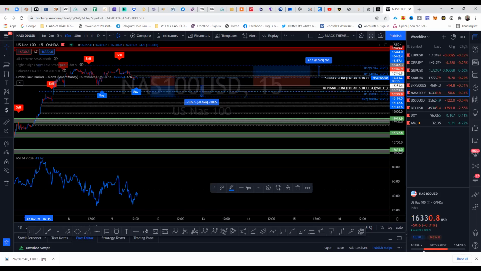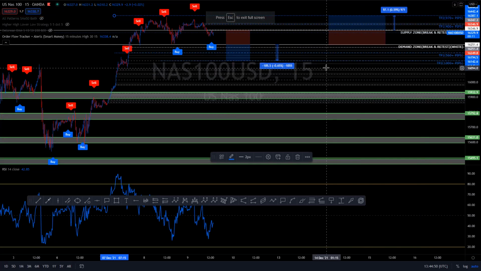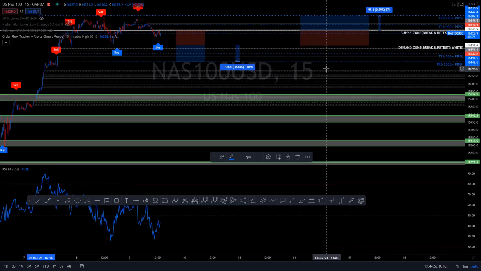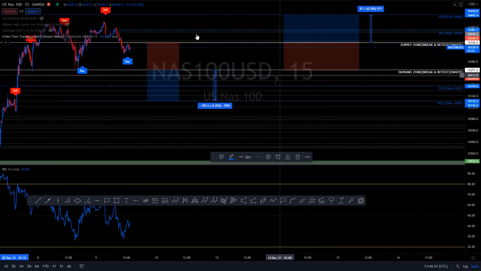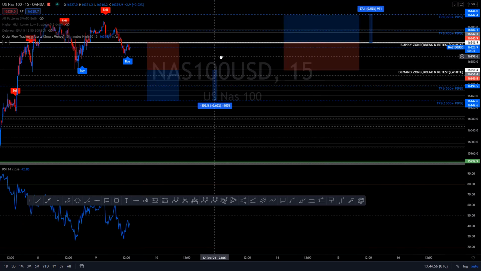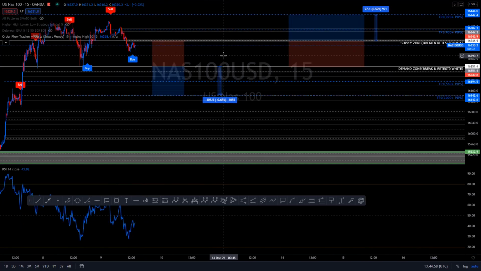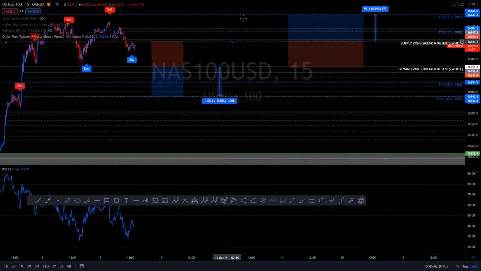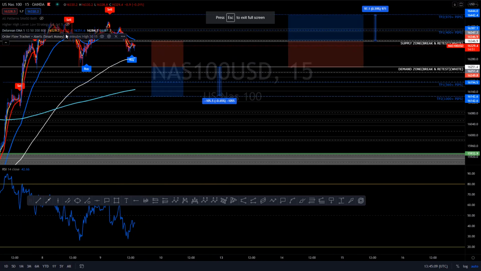Now my goal is to set my alarms for these take profit zones. But the next thing I'm going to do as well is turn on the Dorlean EMA indicator. I use this indicator as extra confirmation.